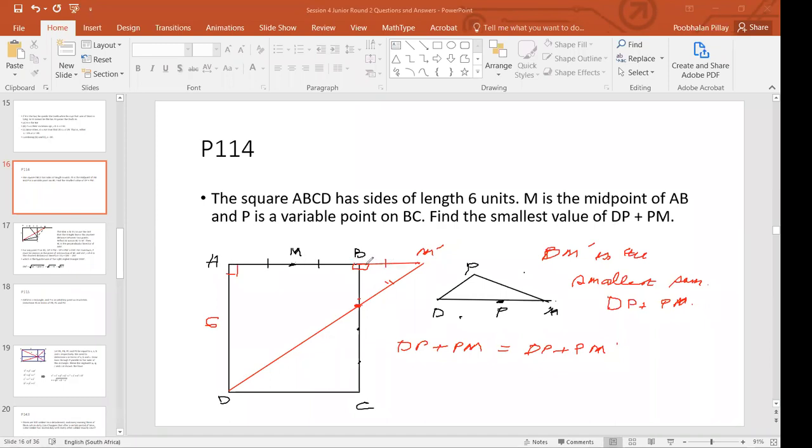And this is half of 6 because M was a midpoint, you see. So this is 3 here, and that is 3, and that is 3. M is a midpoint, and these two are equal. So we've got the other side of the right angle triangle, which is AM prime, which is 9.